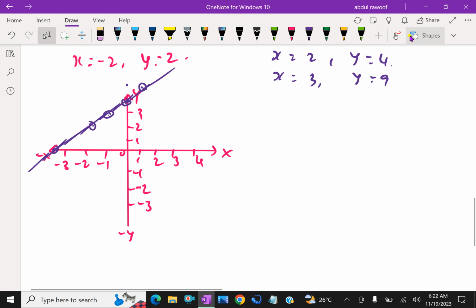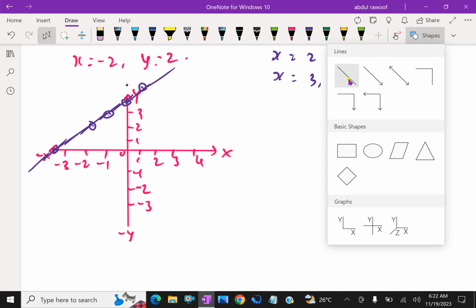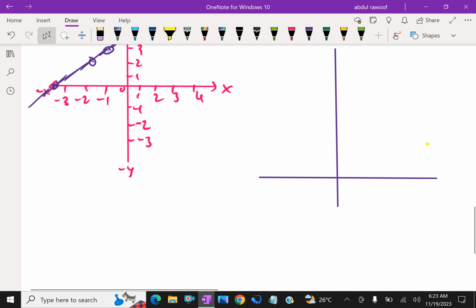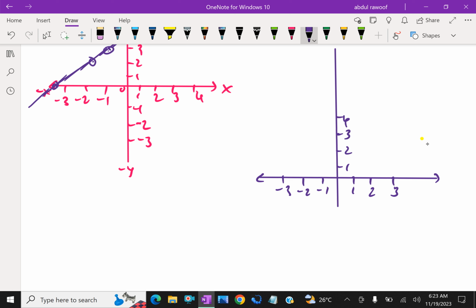Here also we can relate these using a graph. Here on the x-axis: 1, 2, 3, minus 1, minus 2, minus 3, and on the y-axis 1, 2, 3, 4, 5, 6, 7, 8, 9.